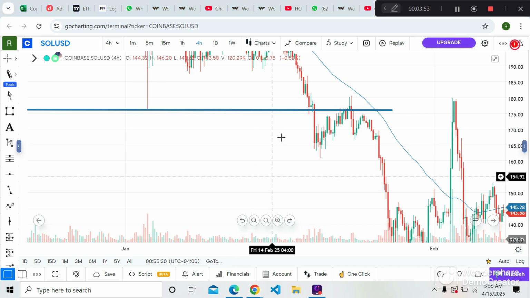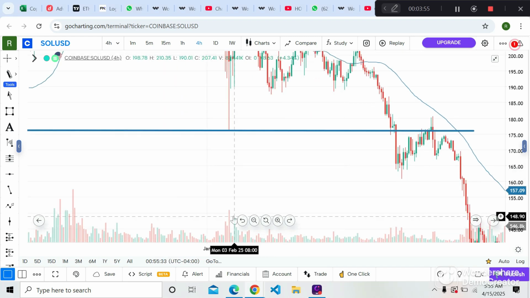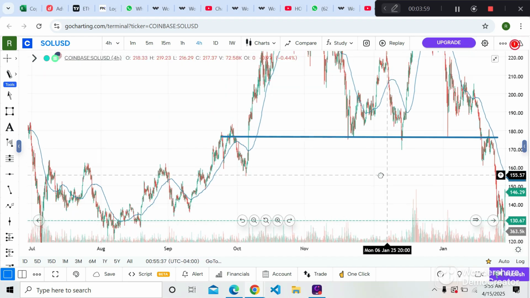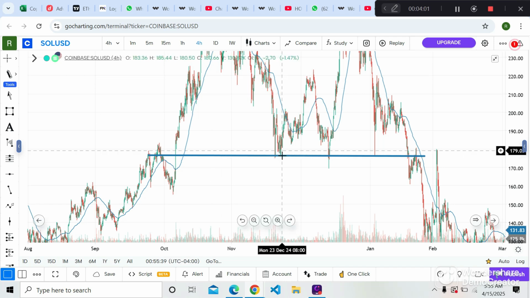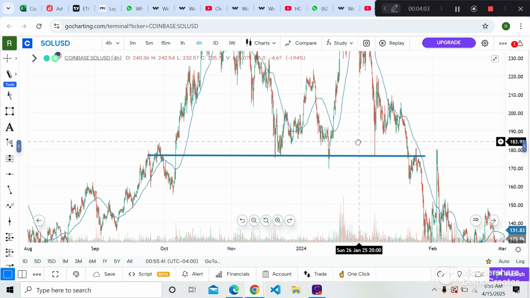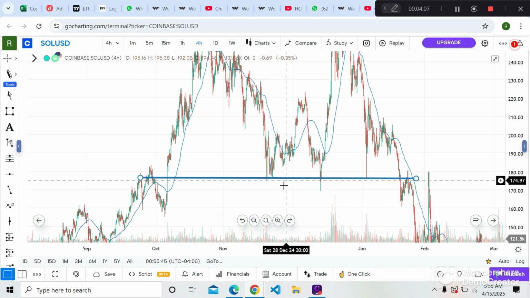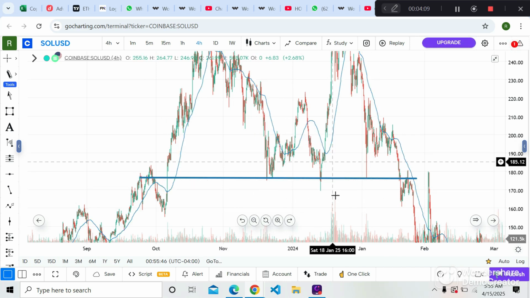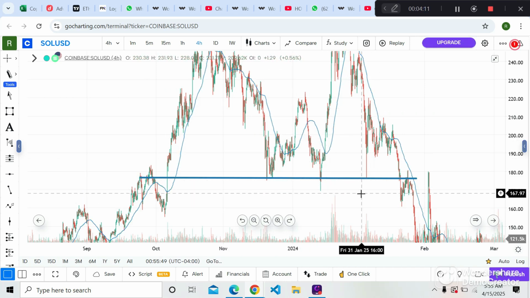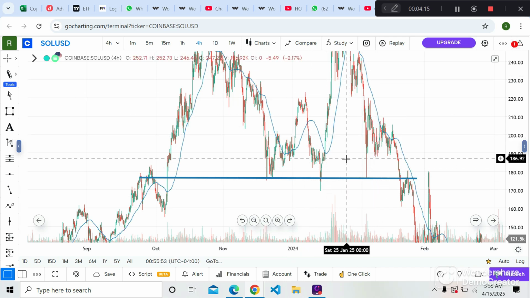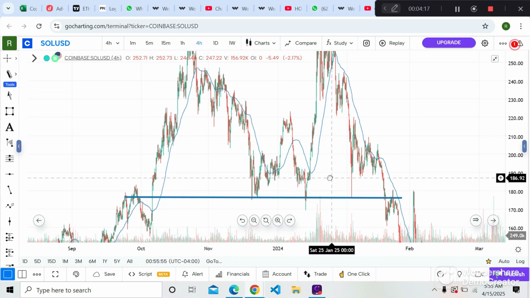We had a breakout of that level of support, which you can see right here. We have this level of support here after the range was forming, which was kind of obvious. And like I said before, once the market tests a level of support twice, then that support is strong.